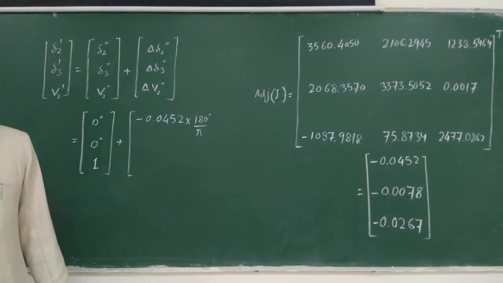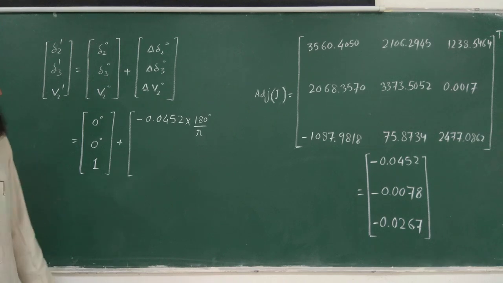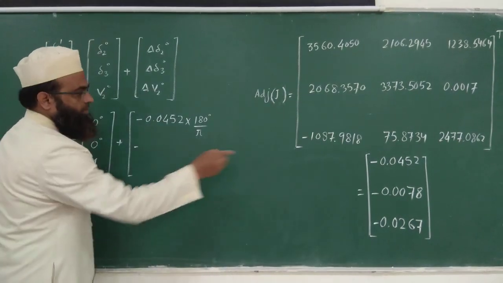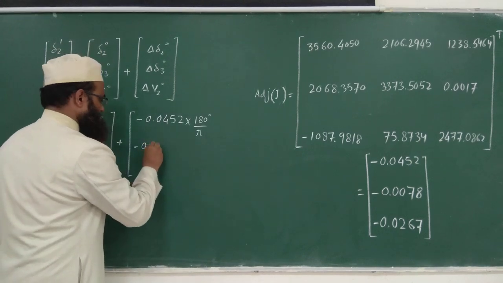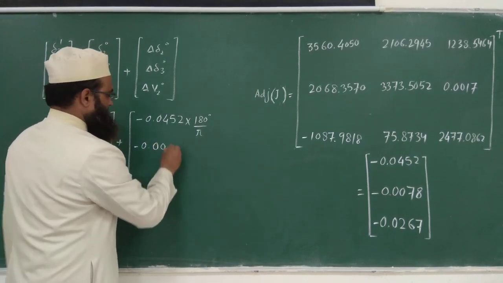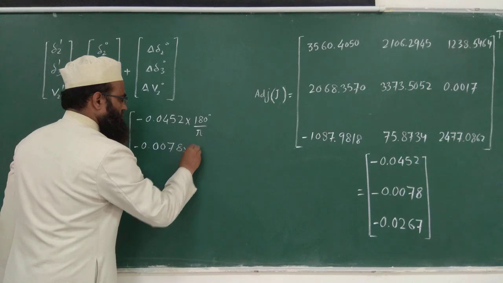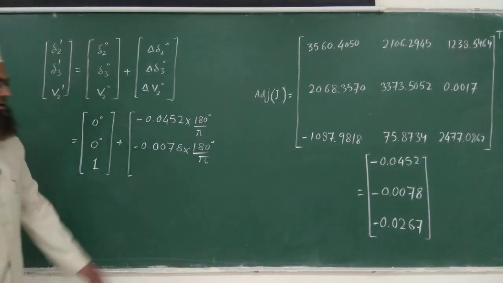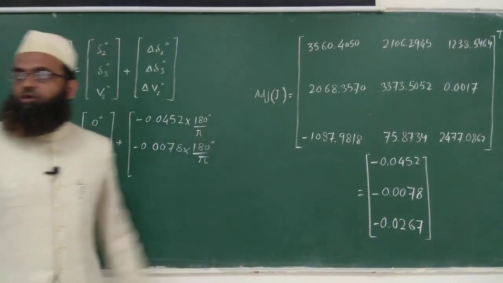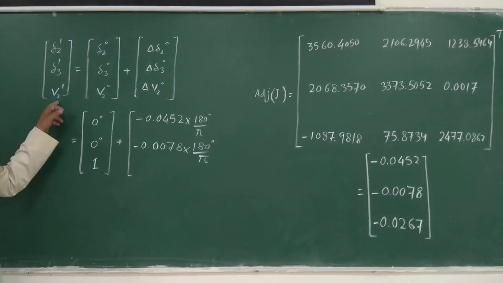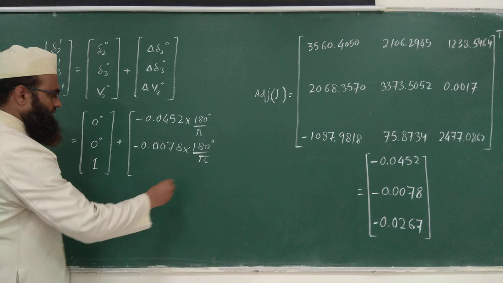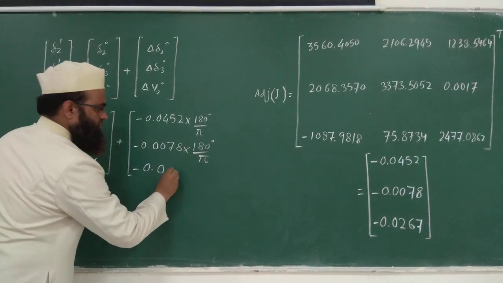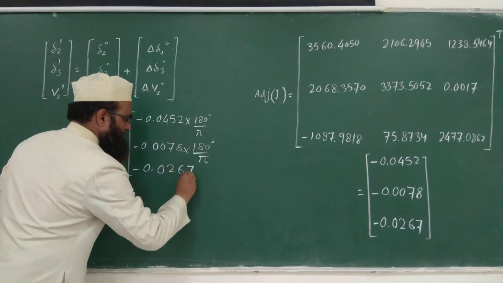So now it will be in degree. Similarly for this, 0.0078 into 180 degree upon pi. And this is in per unit. You have assumed your V2 in per unit, so no need to worry. Just write it minus 0.0267.